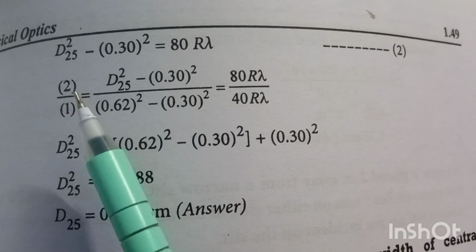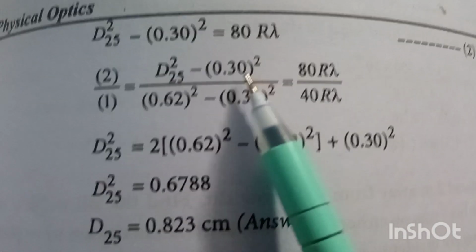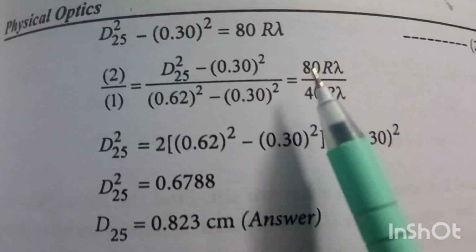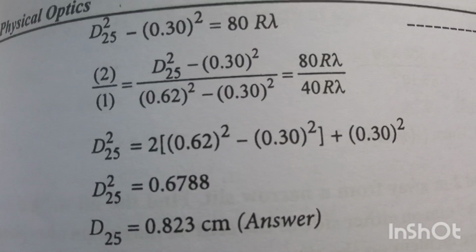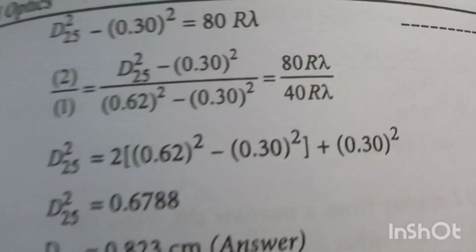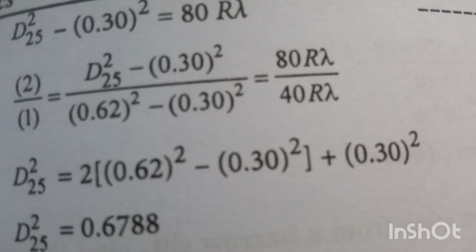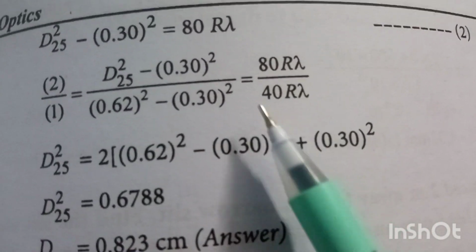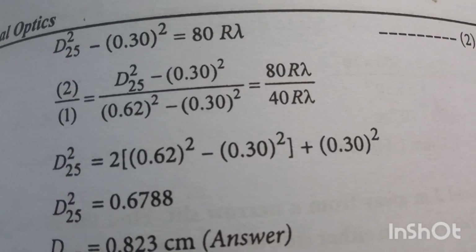So we can do equation 2 by 1. That is D25 square minus 0.30 square by 0.62 square minus 0.30 square is equal to 80 R lambda by 40 lambda R. Here the lambda R will be cancelled, 4 ones are 4, 2 fours are 8, so we get only the value 2.